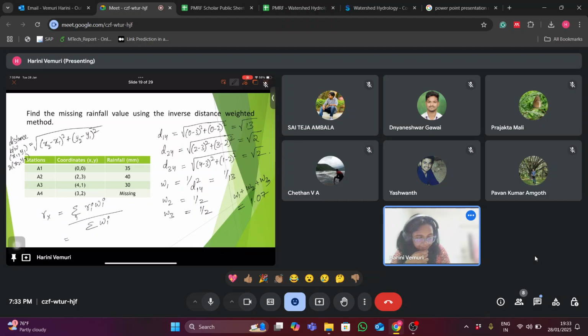So now, 1 by 13 into the rainfall value at the first station, which is 35, plus the weightage of the second station into the rainfall at the second station, plus the weightage of the third station into the rainfall of the third station, divided by the sum of the weights.